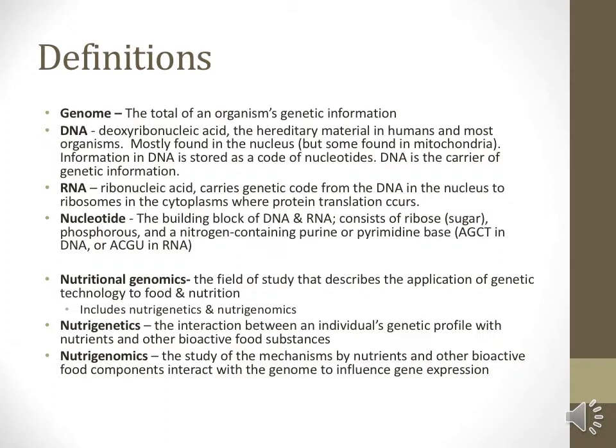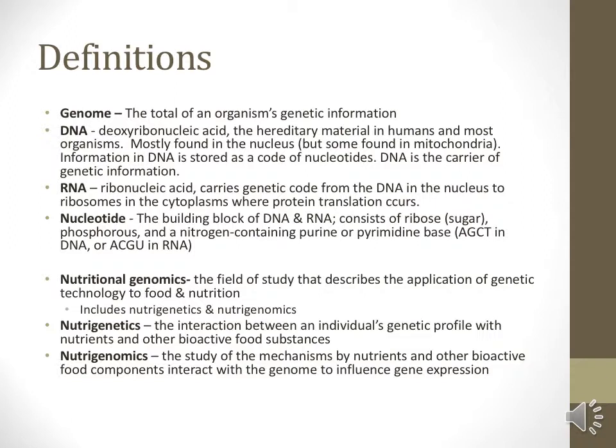We'll talk more about that later. But in the DNA, it's adenine, guanine, cytosine, and thymine, whereas in RNA, it's adenine, cytosine, guanine, and uracil. So in the RNA, one of those nucleotides, the thymine, is subbed out for a uracil.